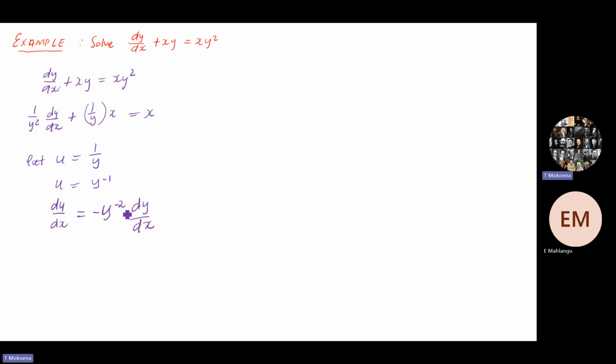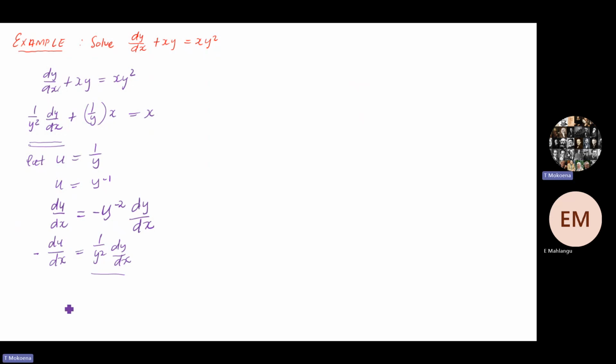And from here, remember, you're going to manipulate this so that it looks like this side of the equation, so we have du over dx. So I'm going to divide both sides by negative, so it becomes negative this side, and here I'm going to have positive. But remember, this is the same as 1 over y to the power of 2 dy over dx. Now this looks exactly the same as that.